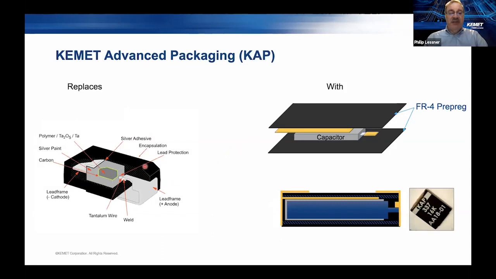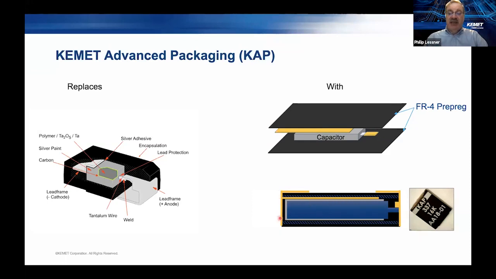Well, instead of using a lead frame and encapsulating in an epoxy molding compound, we're using an FR4 prepreg material to encapsulate the capacitors along with a copper sheet to make contact to the negative terminal. And when we do this, the configuration looks like this.